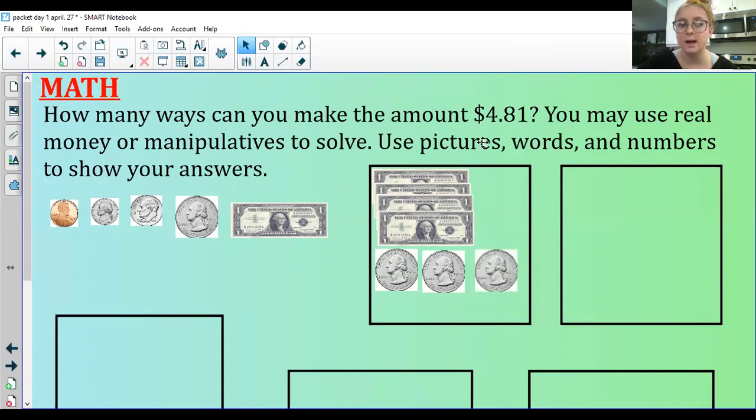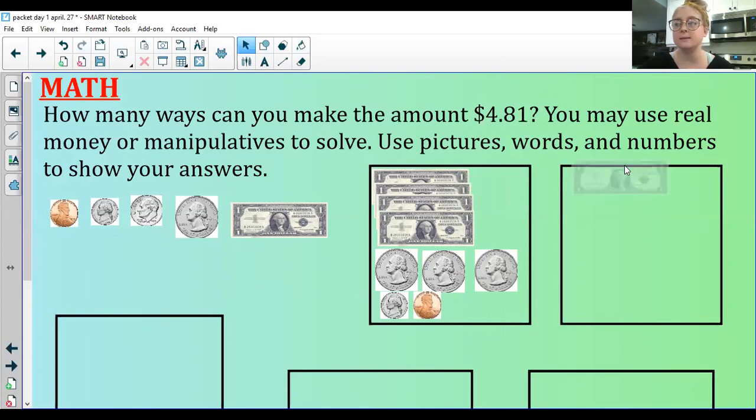I need to get to 81. In order to get to 81, I could do a nickel, which is worth 5. So I have 75, 80, plus a penny is 81. So count with me. 25, 50, 75, plus 5 is 80, and 1 more would be 81. So that's one way you could show it.